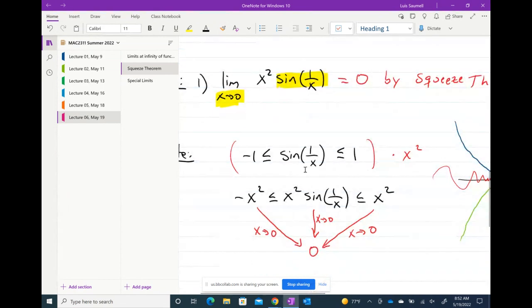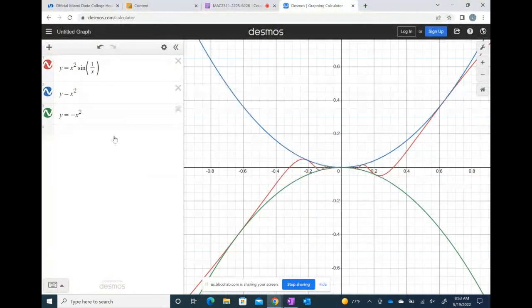The point is that if you multiply by x, if it was an x instead of an x squared, our function will be trapped between negative x and x. Once again, both of those go to 0, so our function will also go to 0. I'm saying that here so that we can modify the picture so you can see what I mean.